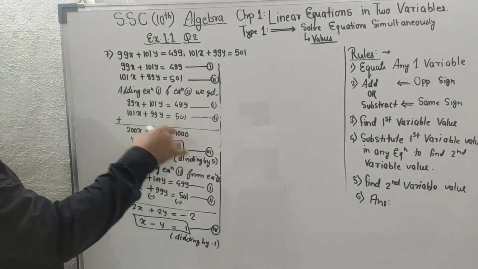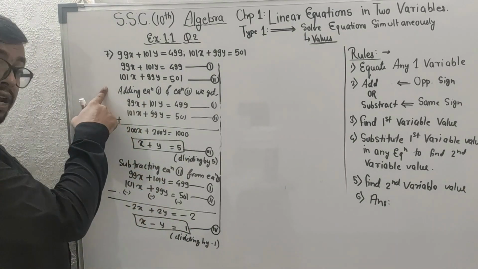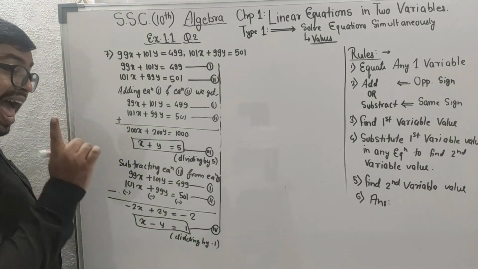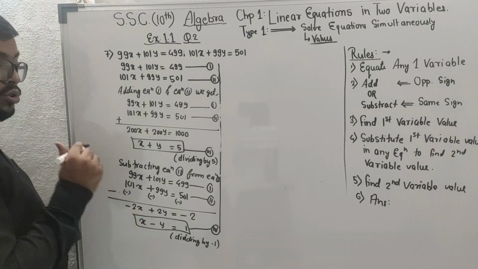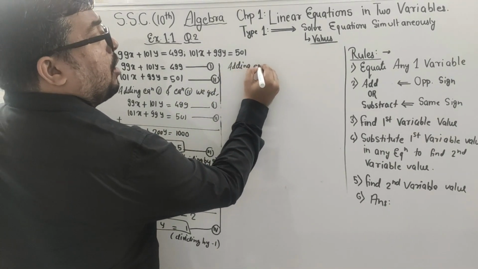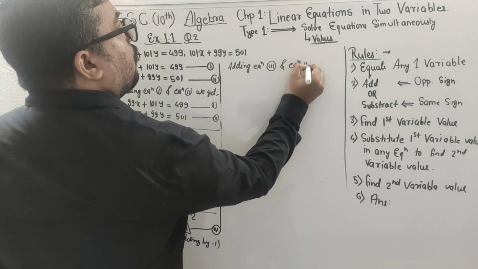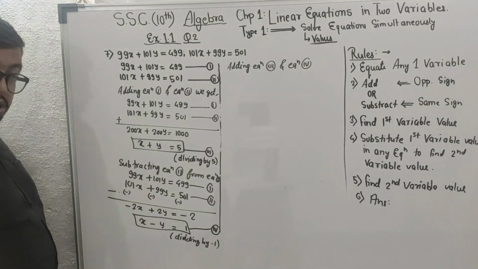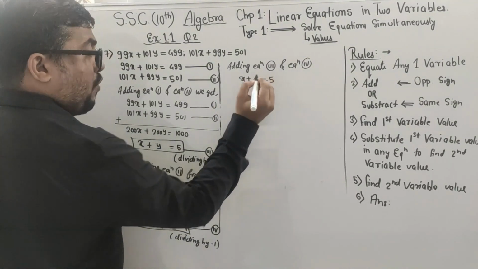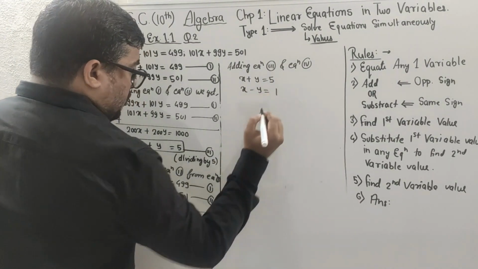Equation number 3 and equation number 4. Adding, subtracting. Now you have to add the third and fourth. Again adding. Adding equation 3 and equation 4. x plus y is equal to 5. x minus y is equal to 1.